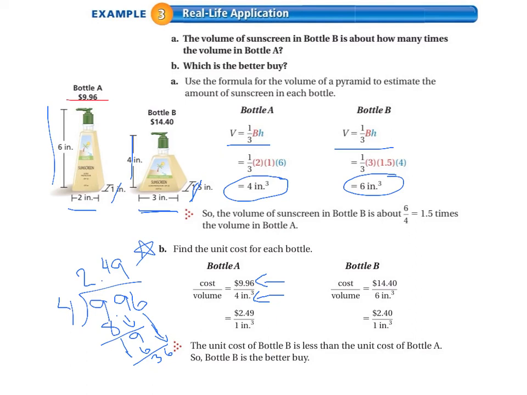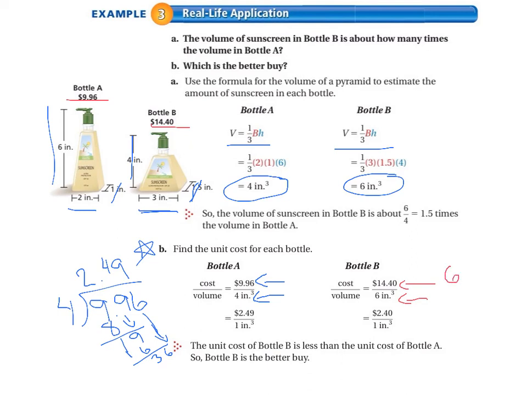For bottle B, we do the same thing, and we find our cost by looking over here. And we plug that into our cost, $14.40, and we plug in our 6 cubic inches that we found in letter A, and we find that we can divide both the top and the bottom by 6.